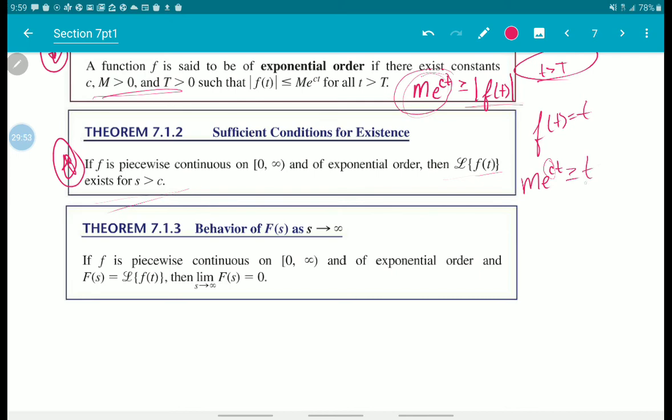Well, if we were to graph f of t is equal to t, then we're left with really just a straight line. We could keep this simple and find an exponential function and just look at e to the t. If we were to graph e to the t, it's going to look like this.